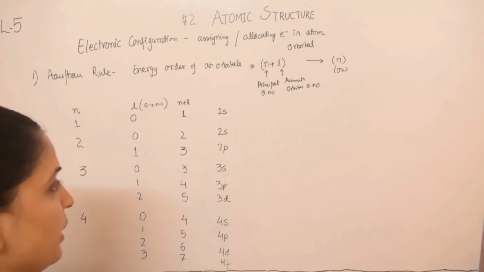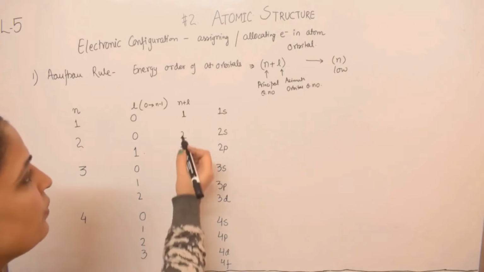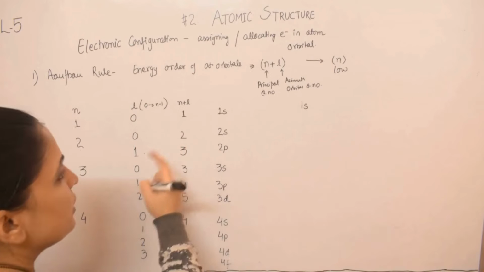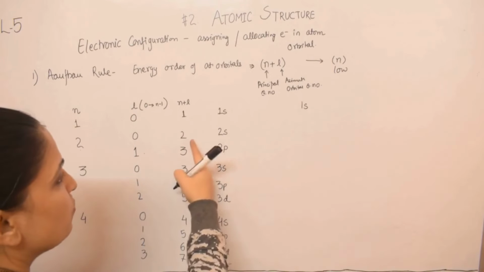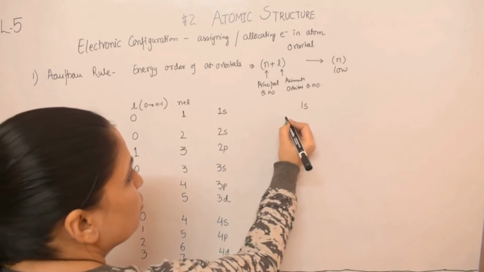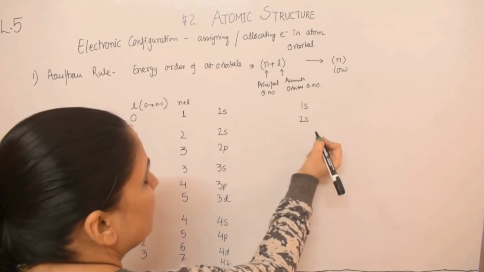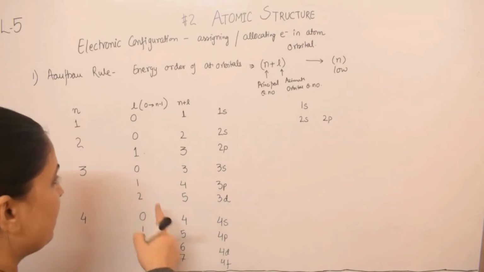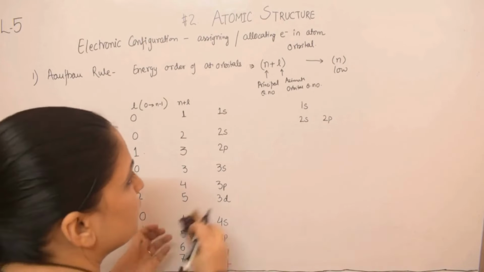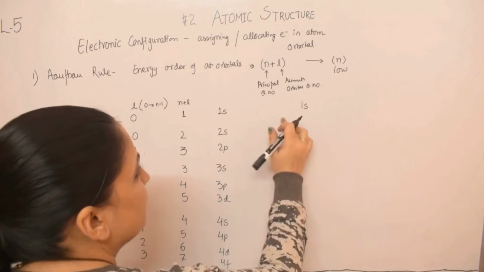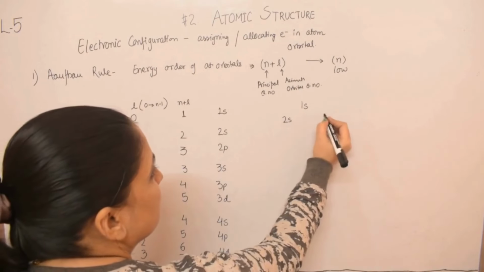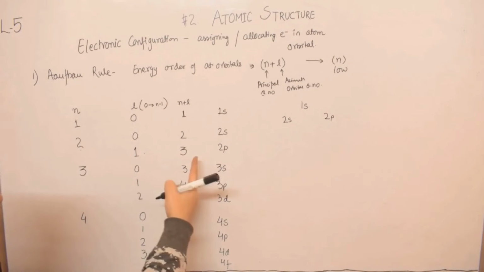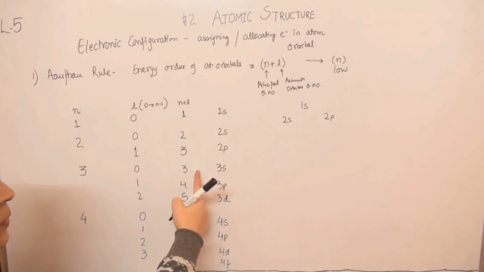Now let us see the energy orders. So 1s will have the lowest energy. Second is 2s. Among 2s and 2p, 2 is the smaller number, so 2s will come, and then 2p is filled. Then there are two orbitals for which n plus l is 3.